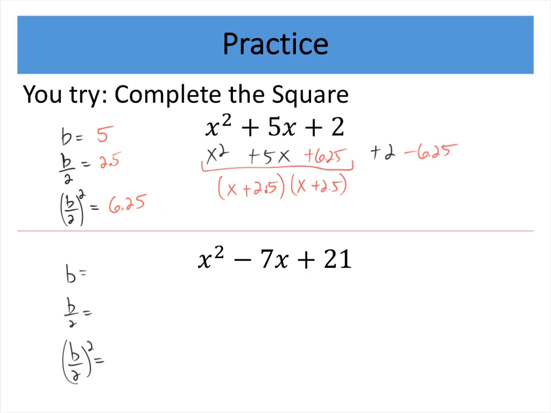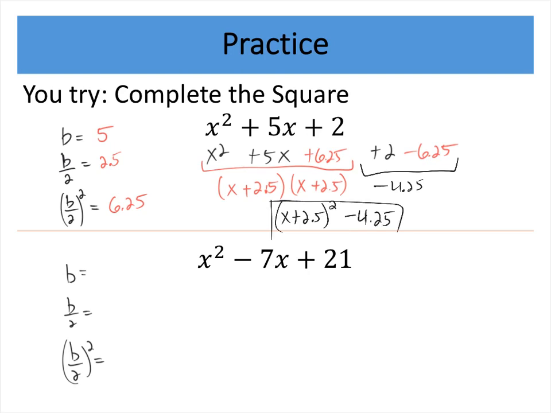The 2.5 is coming from here. And then we've got all of our garbage left over. I call this garbage. But 2 minus 6.25 is negative 4.25. So the factored form is x plus 2.5 squared minus 4.25. And this is your answer.